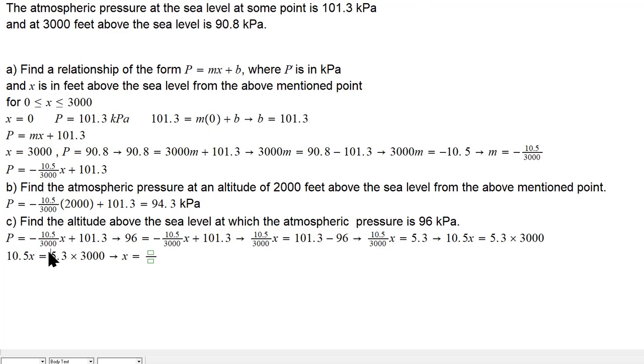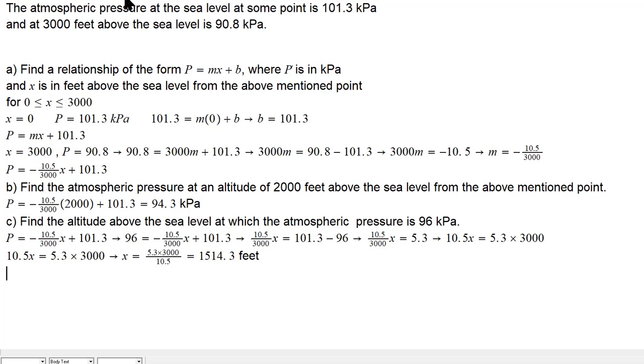So let's take this expression, divide by 10.5, okay? And then we get about 1514 feet according to this equation. So that's the altitude at which the pressure is 96 kilopascals.